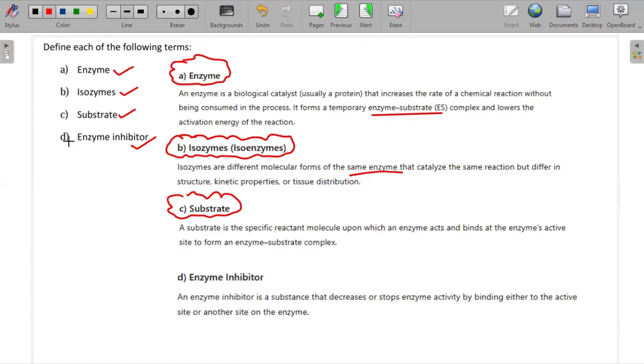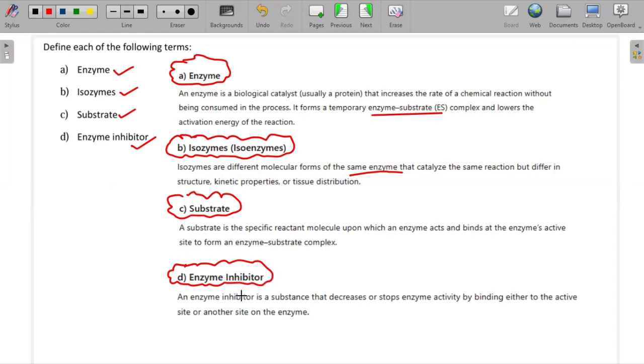Okay, and then the last part is D. D says we should define an enzyme inhibitor. Just by the word enzyme inhibitor, it means this must be something that makes the enzyme not work well, because it's inhibiting the enzyme.